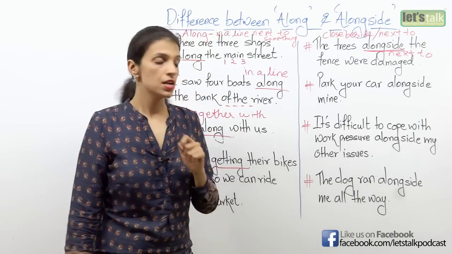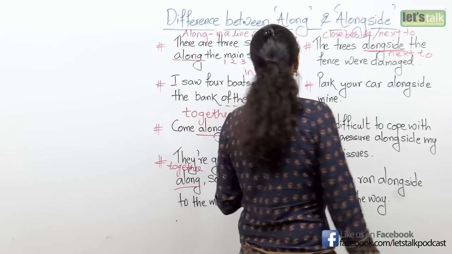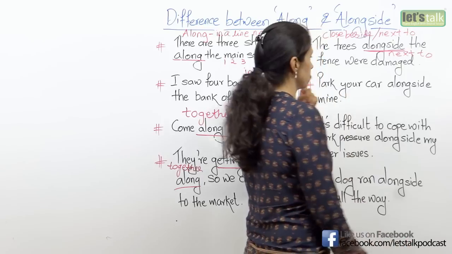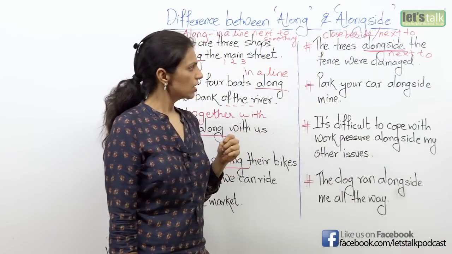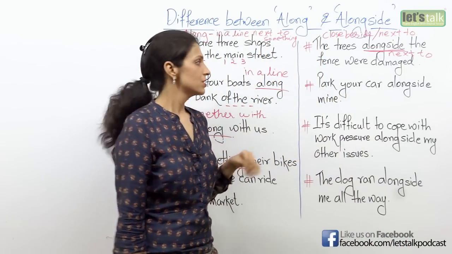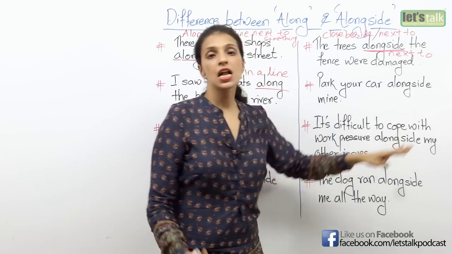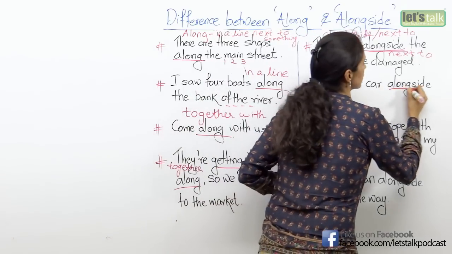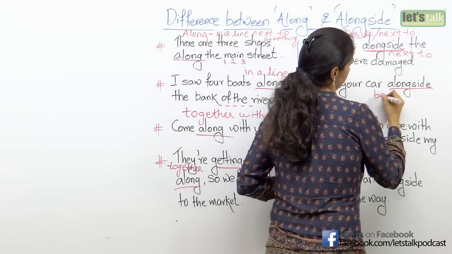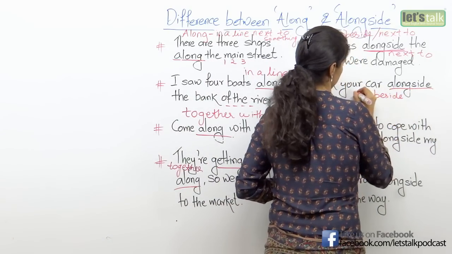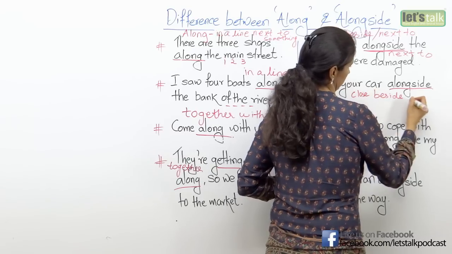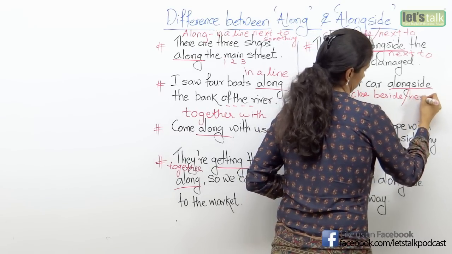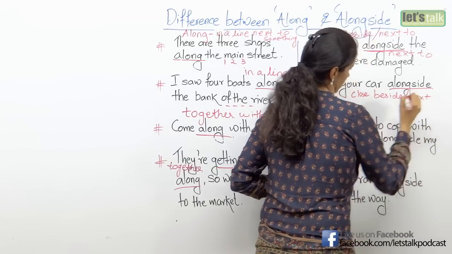Okay, friends, let's take a look at the next sentence. Park your car alongside mine. Can I say park your car along mine? No. So it's alongside, where I want to say beside mine or next to mine. So I'm going to say alongside. Okay.